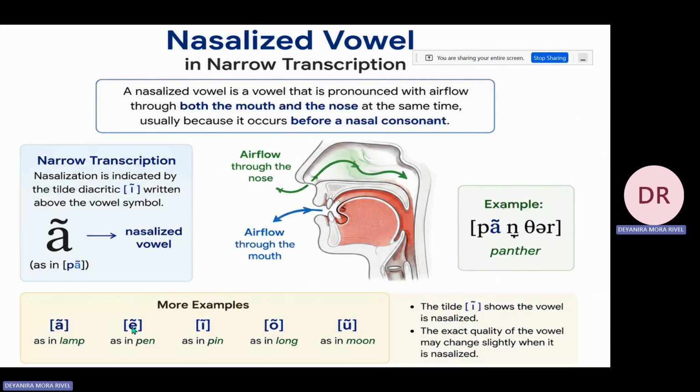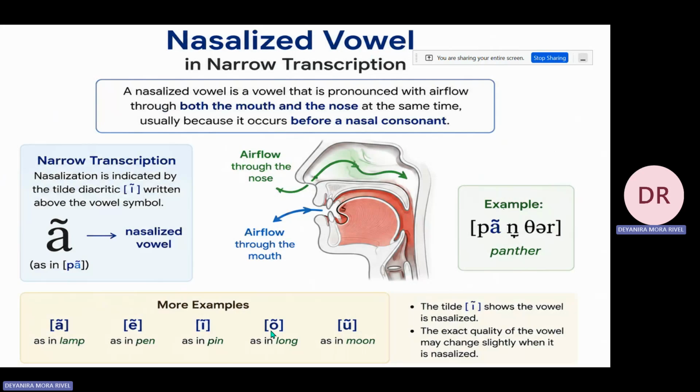Pen, this symbol is used sometimes instead of the epsilon. So pen would be correct. Pin would be correct. It's a lax I before an N, so it's going to be nasalized. And moon would be correct, right? It's a tense vowel.